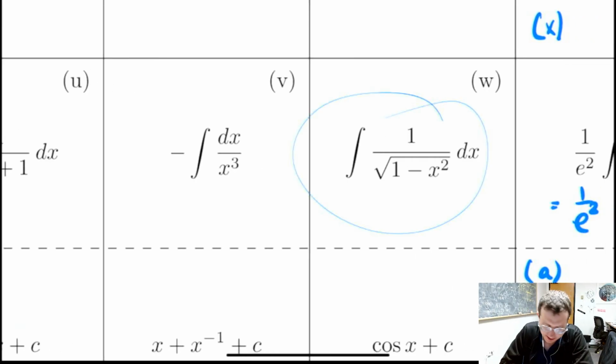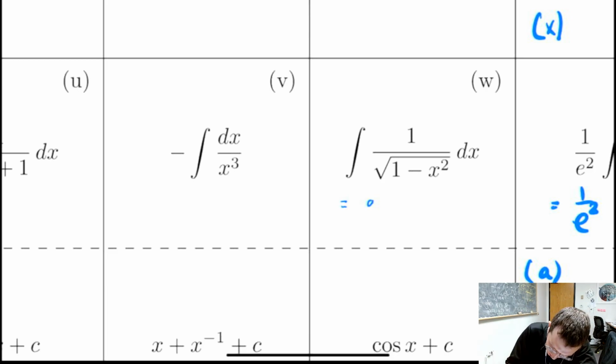Oh, and this is exactly the integral I was talking about as an example of recognizing the integrand as the derivative of something. This is arc sine of x.